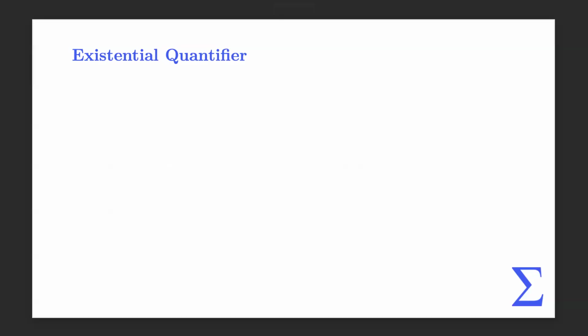The existential quantifier is analogous, but it goes the other way around. So to introduce an existential quantifier, what do I have to do? Well, I have to somehow prove that there's an instance of my predicate that is true. If I want to show that there is a prime number greater than 10, I have to give you an actual prime number greater than 10. So I think 11 is prime.